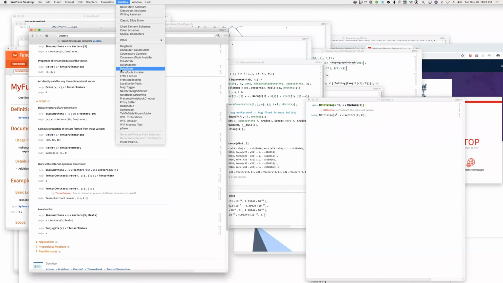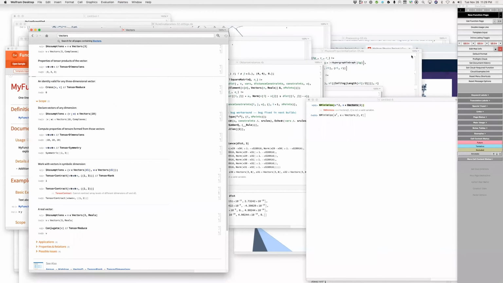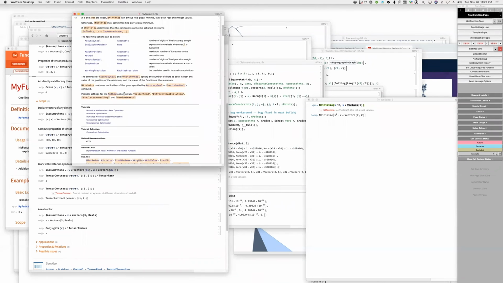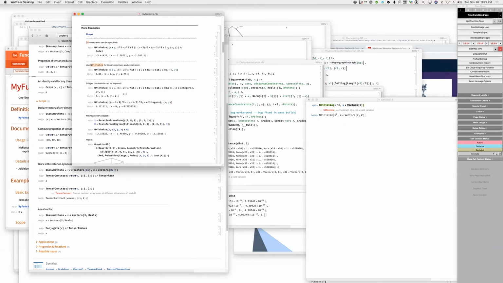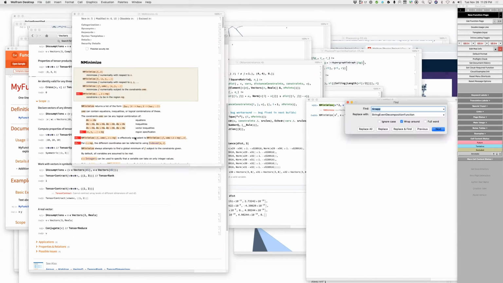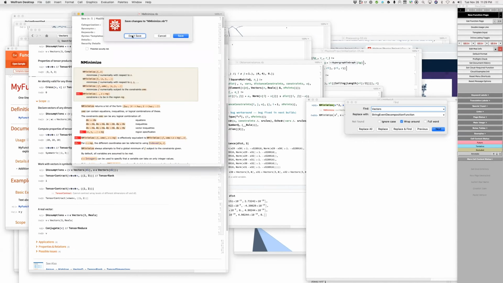Look at the only possible way. Great. Vectors doesn't appear in the documentation for minimize.